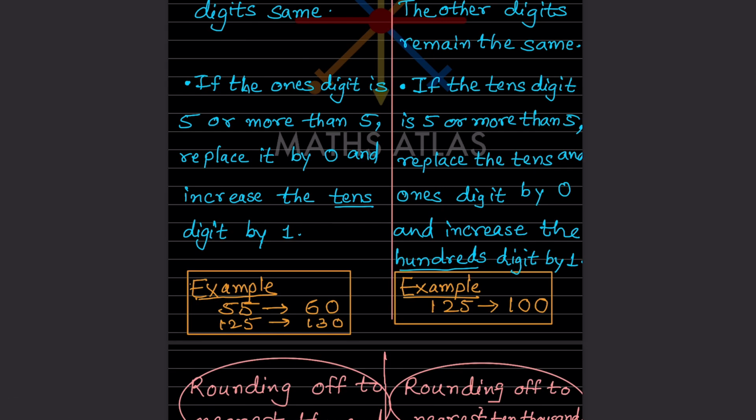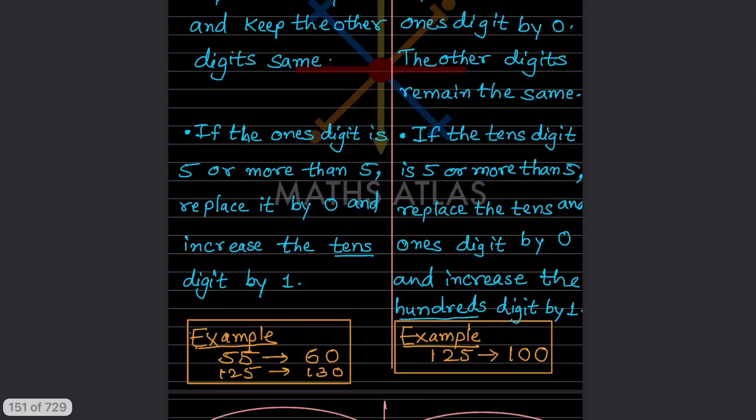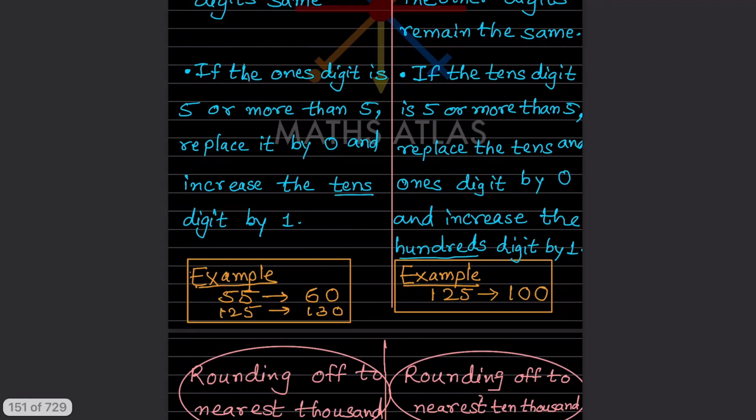Now see here, we are going for the tens part. So 55 becomes, because this is the ones part and this is the tens part, what happens here? Because we have to go to the nearest 10, we are going to concentrate on this 5 on the ones place.